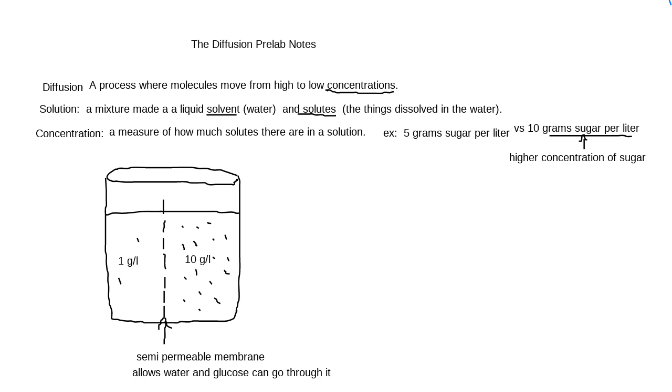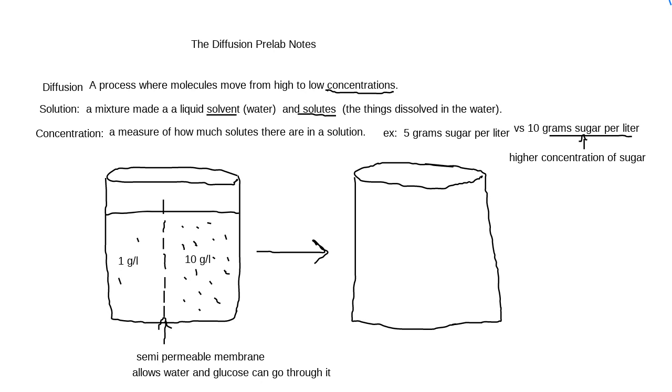So tell me, if I let this beaker sit over time, what's going to happen? What's going to move and which way? Come on, guys. What's going to move? This is all glucose molecules over here, right?